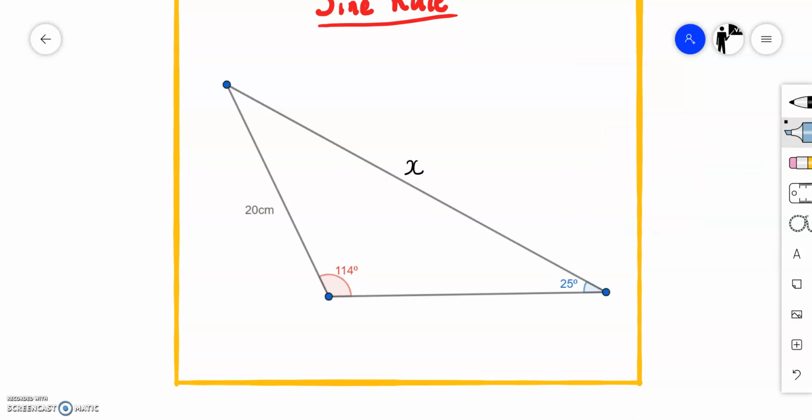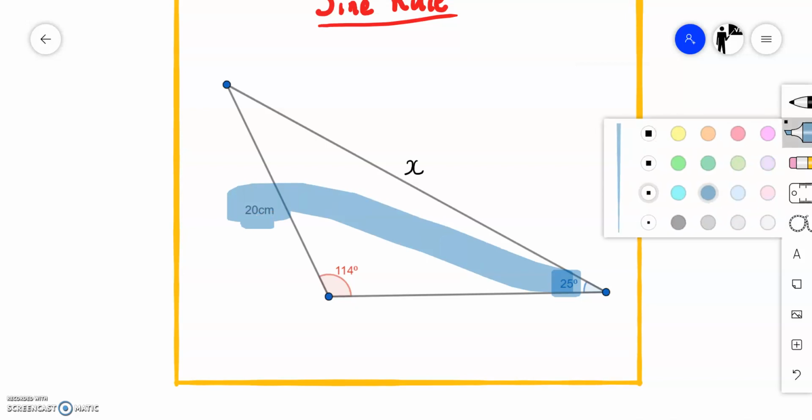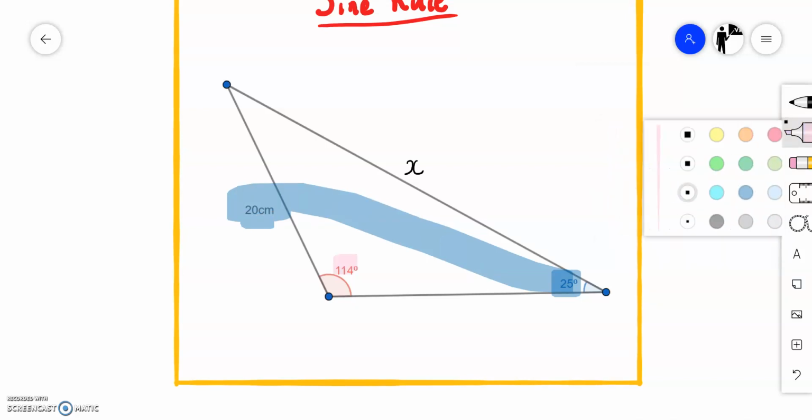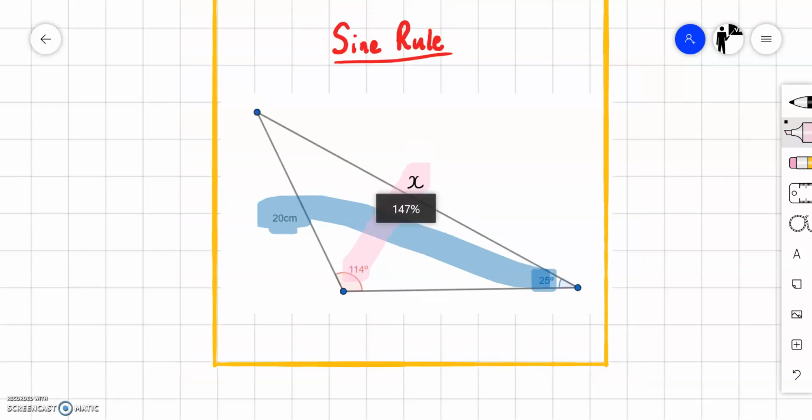What do I mean by that? Well, this angle here, we also know the side opposite it. And similarly, for this angle here, we want to work out the side opposite. So we've got those two pieces of matching information, one full bit and half of the other, when we're looking at the angles on the opposite sides. So that's when we use the sine rule.